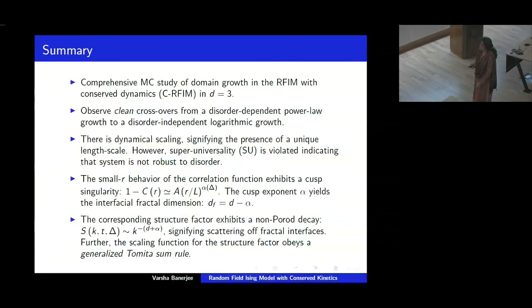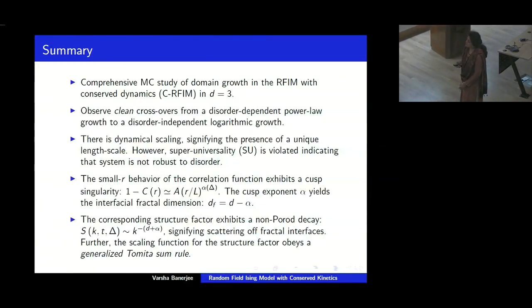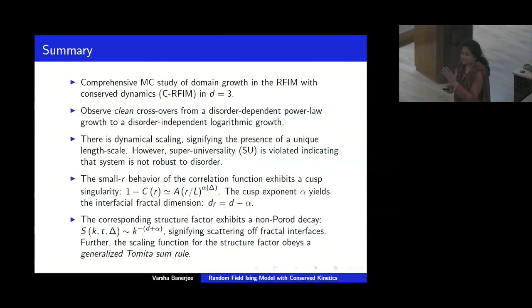And although I did not discuss this, let me just tell you what I planned to discuss. The small r behavior of the correlation function exhibits what is called a cusp singularity. And the cusp exponent yields the fractal dimension of an interface. So one can evaluate the fractal dimensionality of the interfaces separating the up and down regions of the ferromagnet.